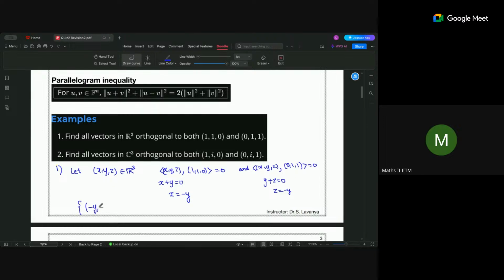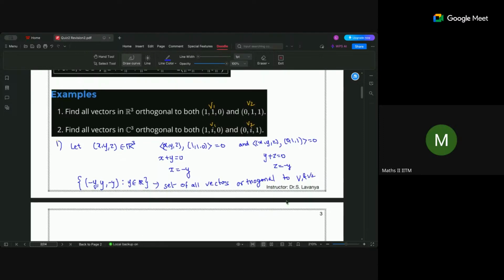So what is the set you are getting? (minus y, y, minus y), with y in R. This is the set of all vectors orthogonal to, let's give them names, v1 and v2.